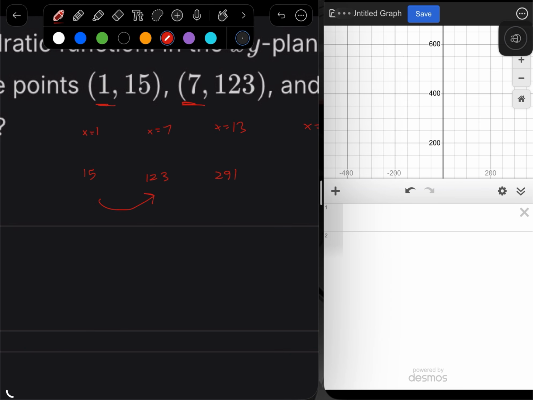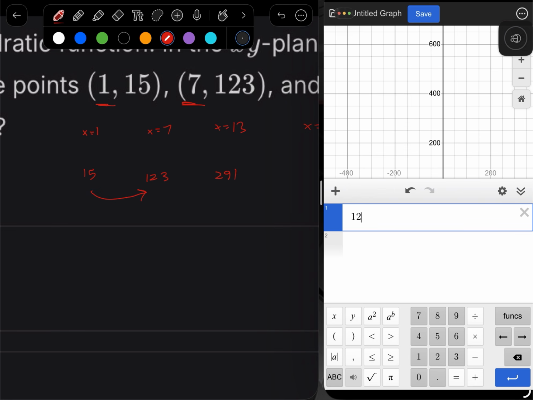From 15 to 123, what's the jump between those two values? We'll calculate that: 123 minus 15 gives you 108. And let's do the same for the next two numbers. 291 minus 123 gives you 168.